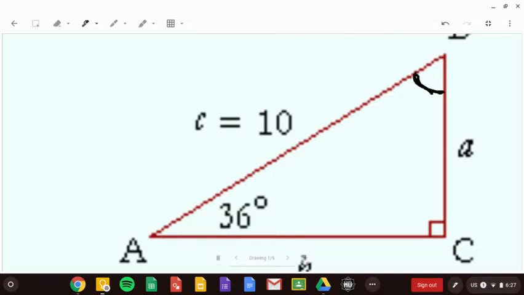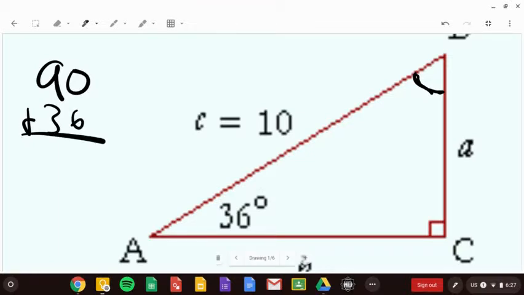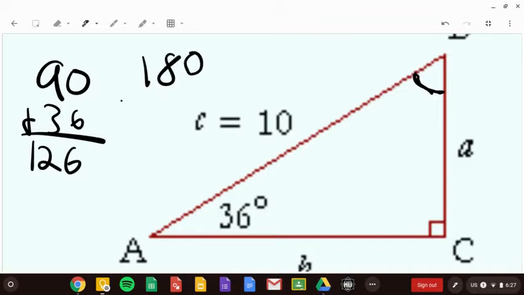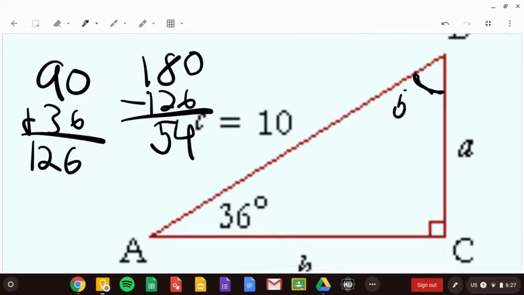It's pretty easy because you have your 90 degree symbol there, and you have 36, so 90 plus 36 brings you to 126, and 180 minus 126 gets you to 54. So now you have angle B.